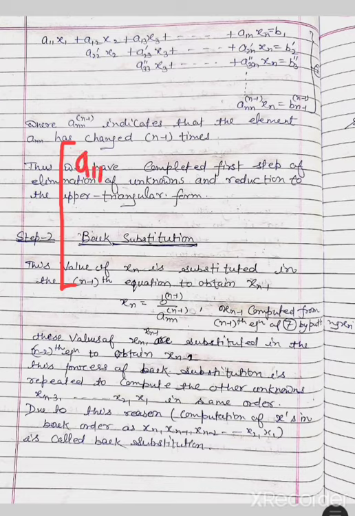As in the matrix form we can see, we get a11, a12, a13 up to a1n.